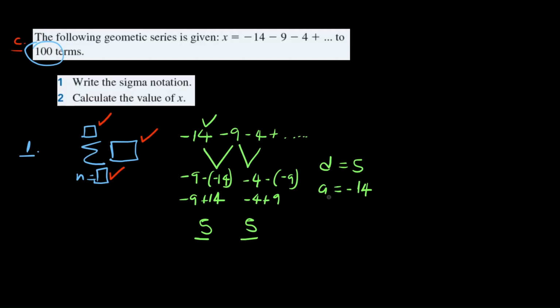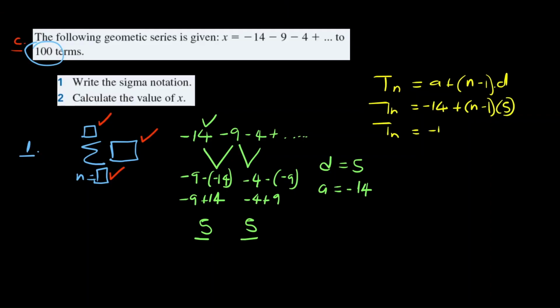Now we have all the tools to determine the general term of an arithmetic series, which is Tn equals a plus n minus 1 times d. Therefore, we can substitute our a value of negative 14 plus n minus 1, our d value 5.